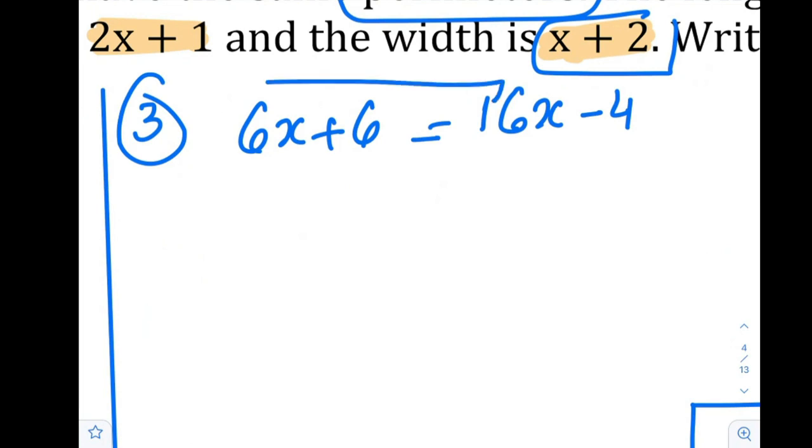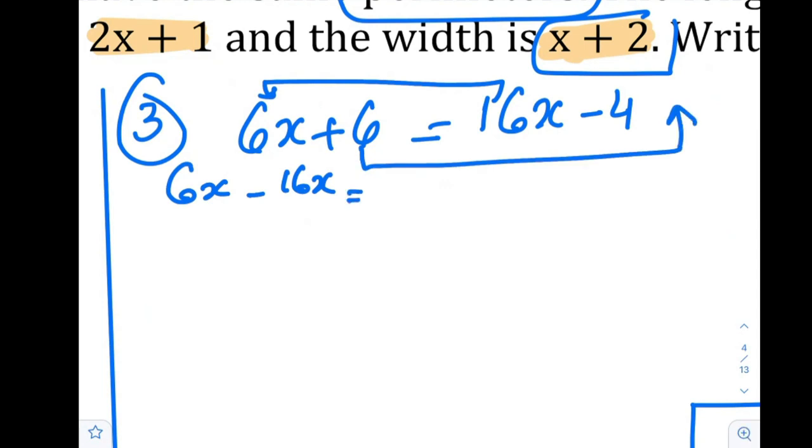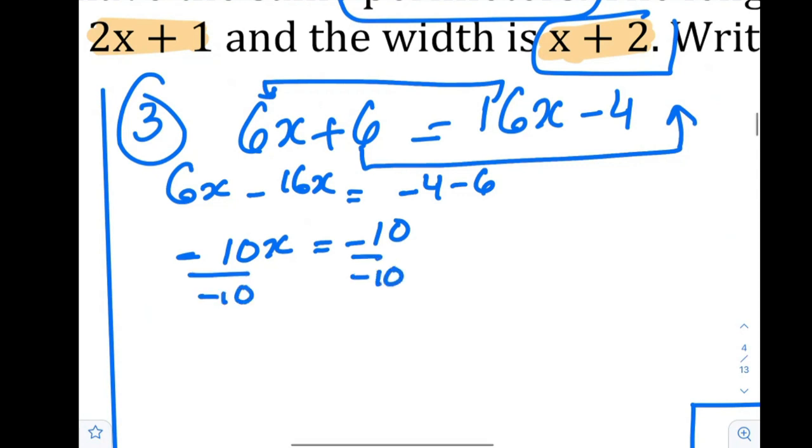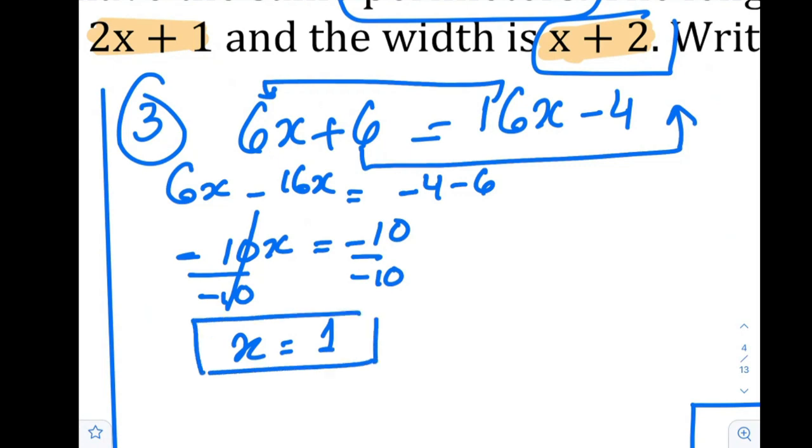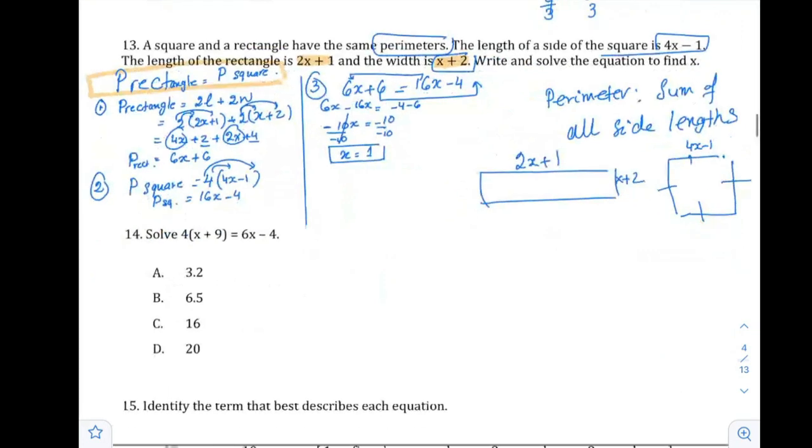You can bring the 16x here, 6x minus 16x, bring the 6 there, negative 4 minus 6, so I have negative 10x equals negative 10, and when you divide both sides by negative 10, then x is 1. And this is the solution of this nice exercise.